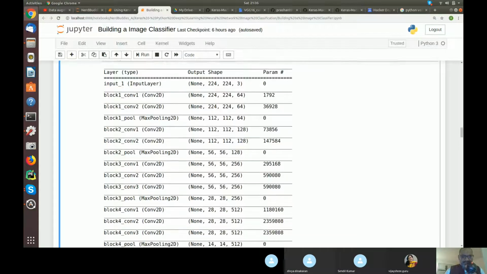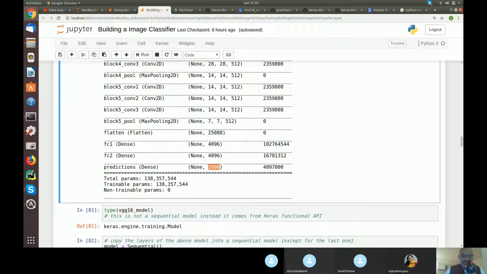So in this case, the last layer is this, predictions. This layer is basically predicting 1,000 different categories. So we just pop that layer out and we put our layer in of 2 categories.